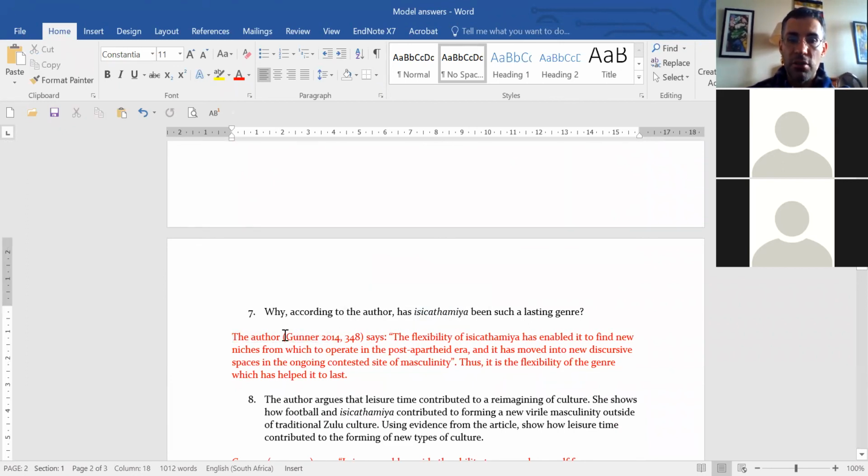So here, the author, it's Gunner 2014, page 348. And here is the quote. So I'm using the exact words that she used. First, I open the quotes, then I add the quote in, and then at the end, I close the quotes. But I still have to put where it came from. All right.